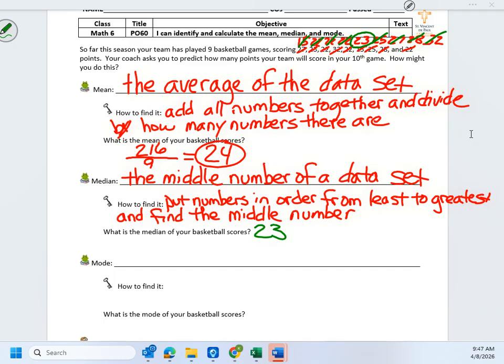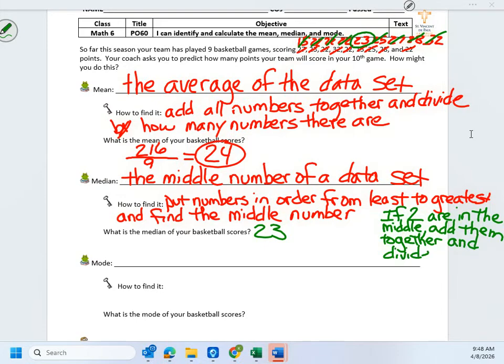So if 2 are in the middle, add them together and divide by 2. You can only have one median.